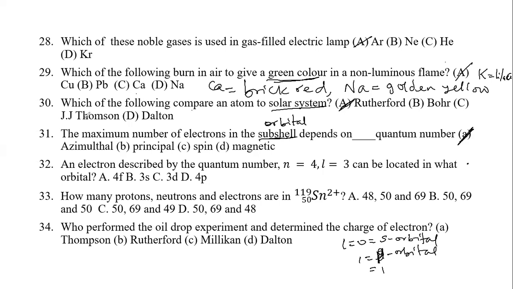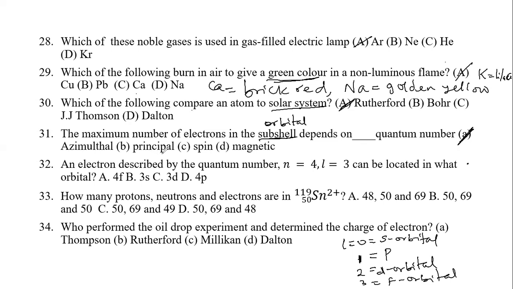When it equals 2, that is the d orbital. When it is 3, that is the f orbital. So the azimuthal quantum number tells us about the orbitals, the shape of the orbitals too. That is the work of the azimuthal quantum number.